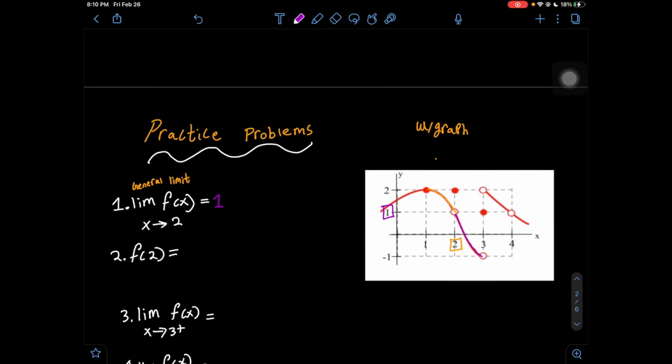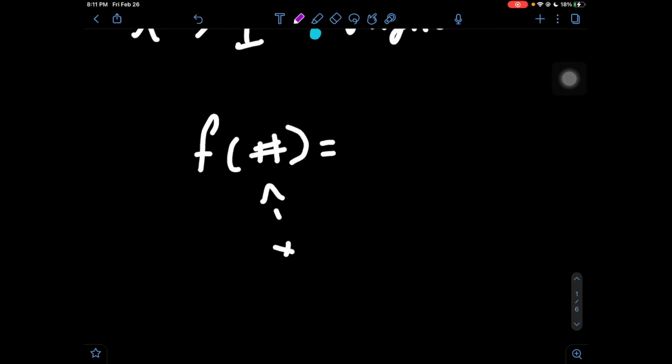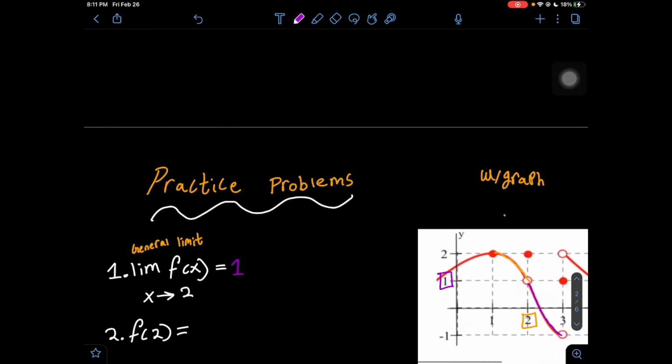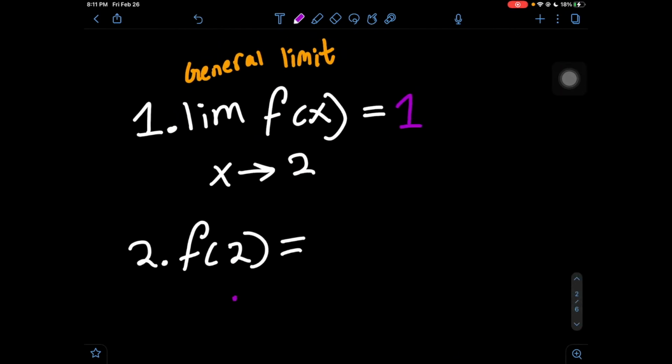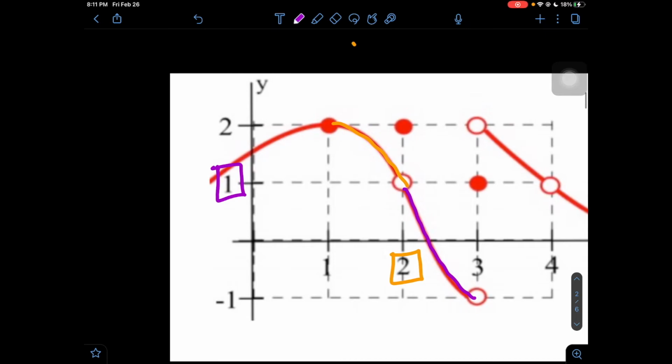Let's go to our second problem. And remember, the second problem is this right here, where it's f of a number, and we're looking for what that y value is at that x value. Here we have an x value of 2, so we need to find out what the y value is at 2. Well, let's go back to our graph, and let's just clear this all up. So now we're on number 2, and number 2 is asking, what is the y value when x equals 2? Well, here is 2, and then we need to look at what the y value is.